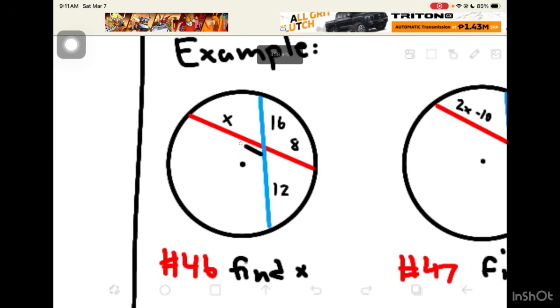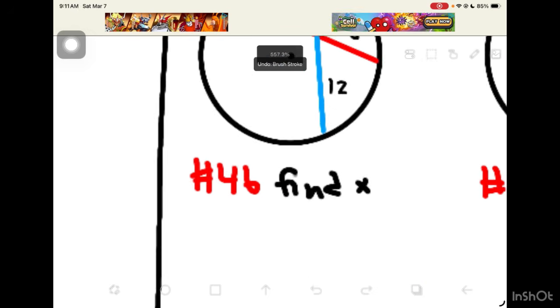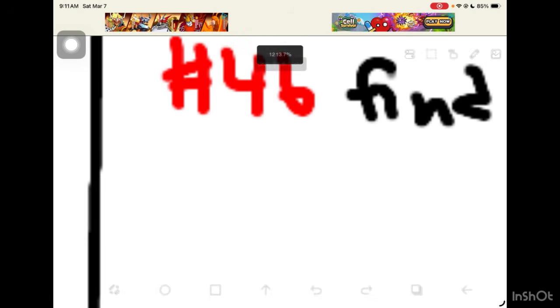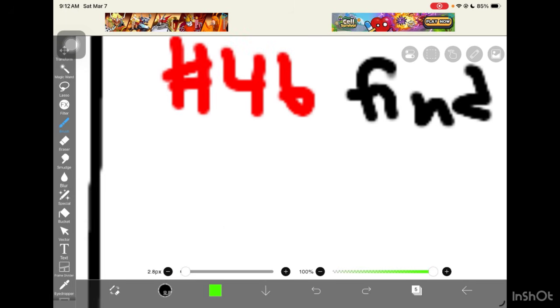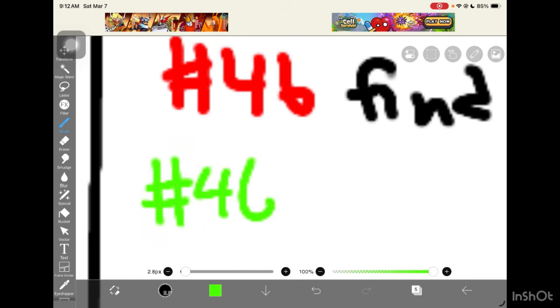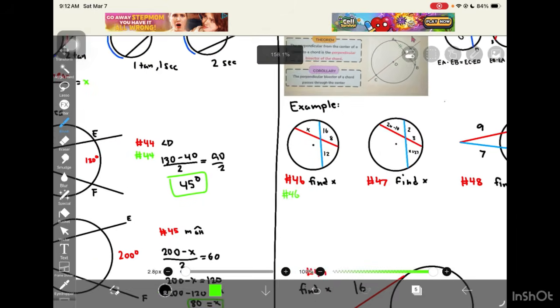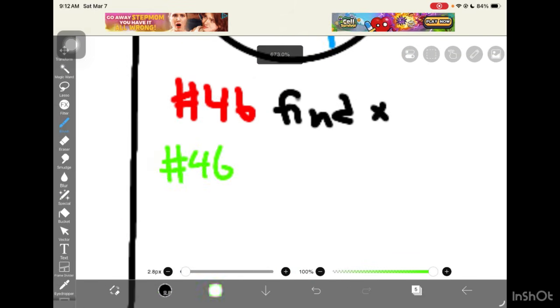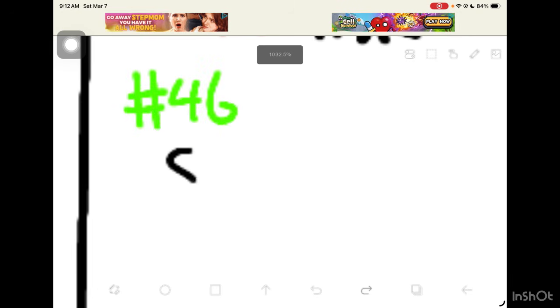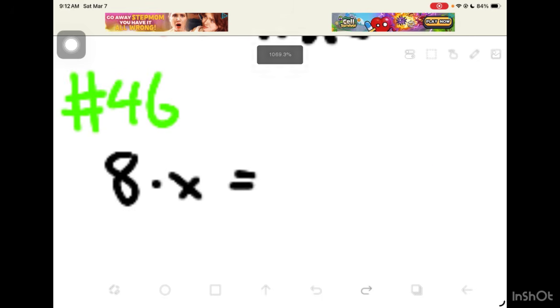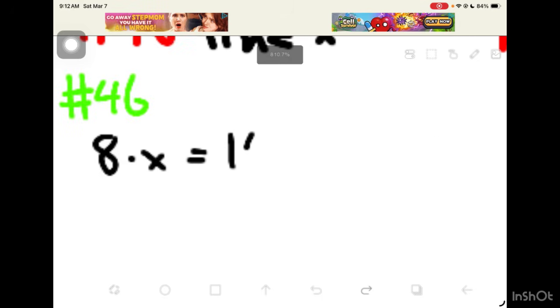Like I said, this one times this one is equal to this one times this one. So on number 46, we are going to do 8 times x is equal to 16 times 12.